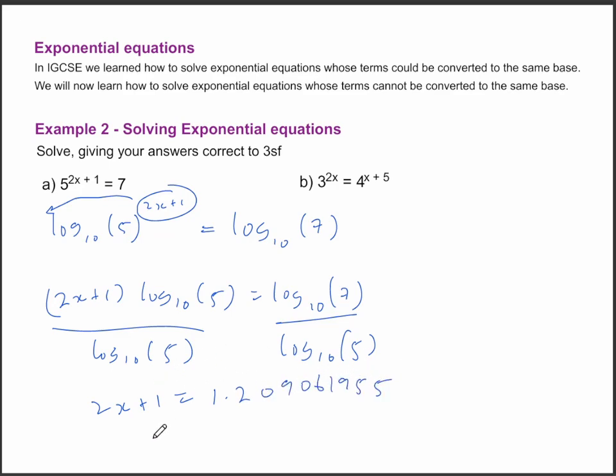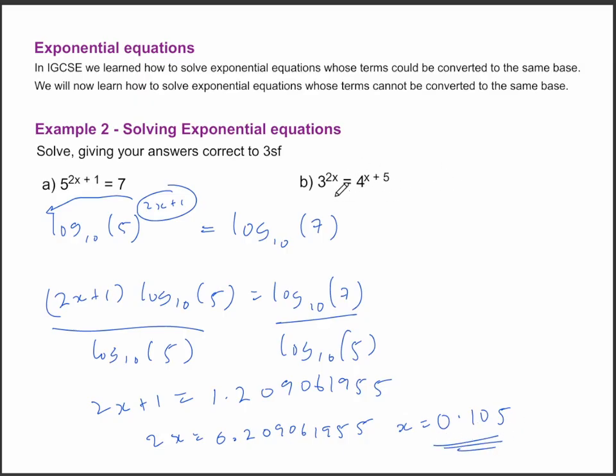Then we subtract 1 and we get 2x equals 0.209061955. Divide by 2 on both sides, and we get that x is equal to, to three significant figures, 0.105. And that's what our x will be.